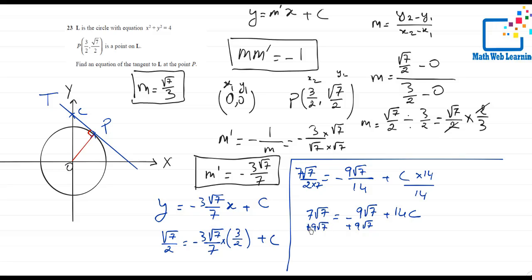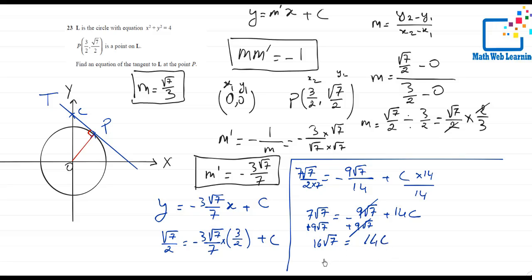Sorry if that didn't come out clear. So we get 7 plus 9. Think of it as 7x plus 9x. You get 16 root 7, or square root of 7. And these two will cancel out, but you still have 14c there.